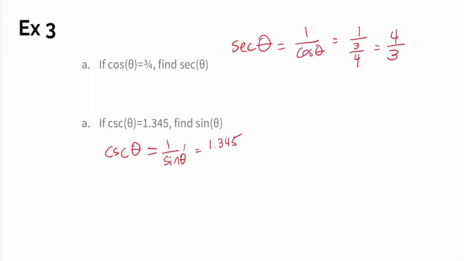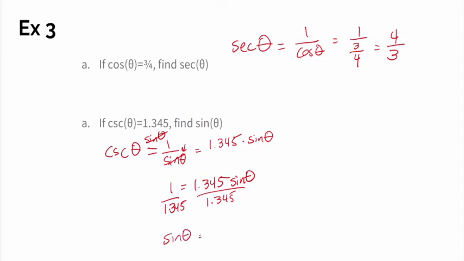If we solve for sine theta, we multiply both sides by sine theta, we get that 1 equals 1.345 sine theta, and we divide by 1.345. We get that sine theta is equal to 1 over 1.345. And we can do that on a calculator. And that's 0.74.